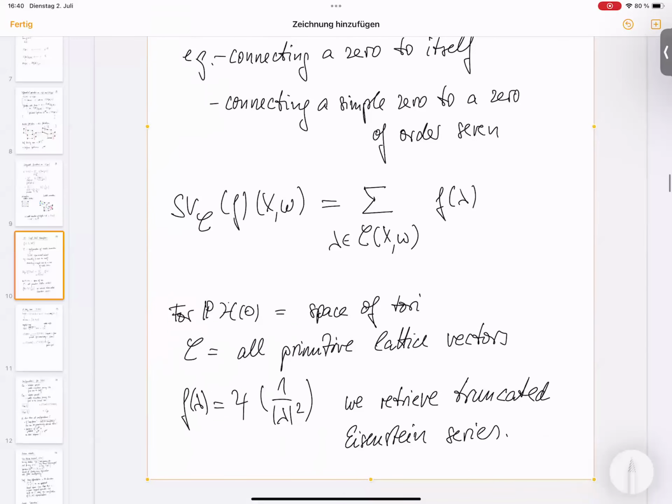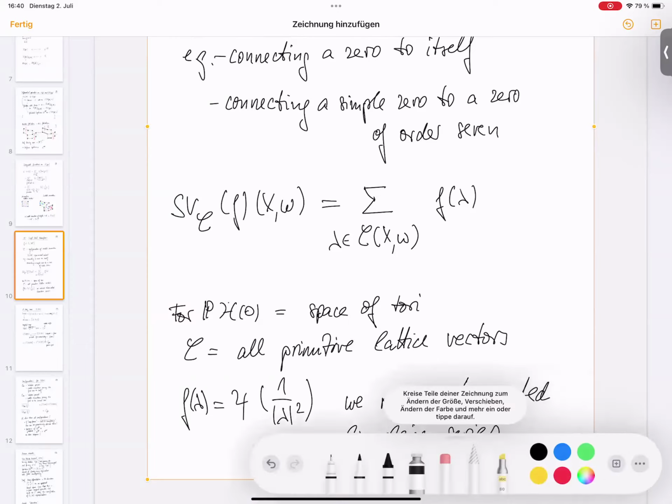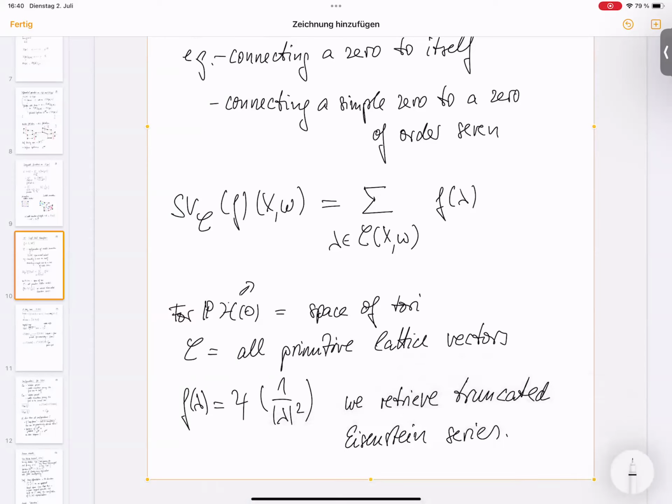So if you take the simplest case, which is the stratum H of 0, what does it mean? This means differential forms 0. This means the genus is 1, because the entries sum up to 2g minus 2. And this means that the differential form has no zeros and a marked point.